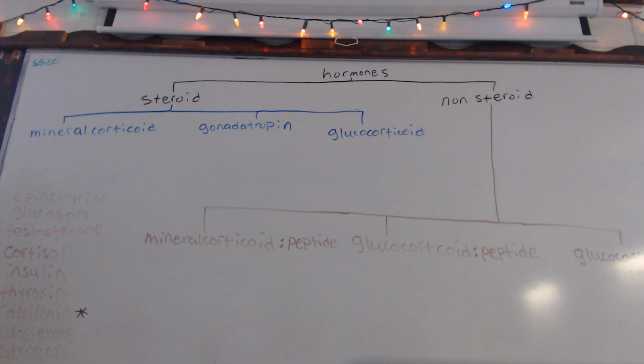Okay, so that would eliminate this one, and then that would eliminate this one. So of these, what might affect glucose metabolism? We're eliminating the ones that it's not. And then you would say, okay, so we're getting closer. Do we know the function of thyroxine? What does that do?